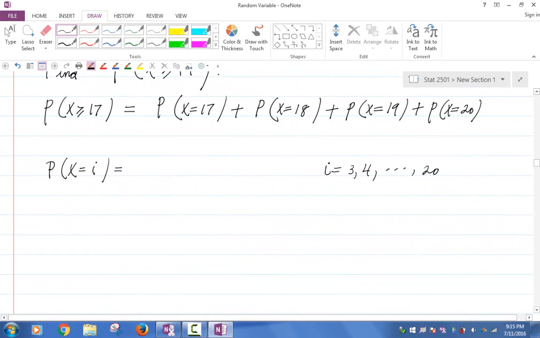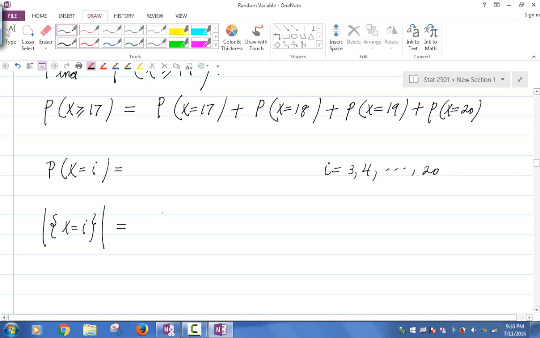So in order to find the probability that X is equal to I, what I want to do first is look at the event that X is I, and I want to know how many elements there are in that event. Well, the question is, how many ways can I pick 3 numbers from 1 to 20 where I is the largest number?